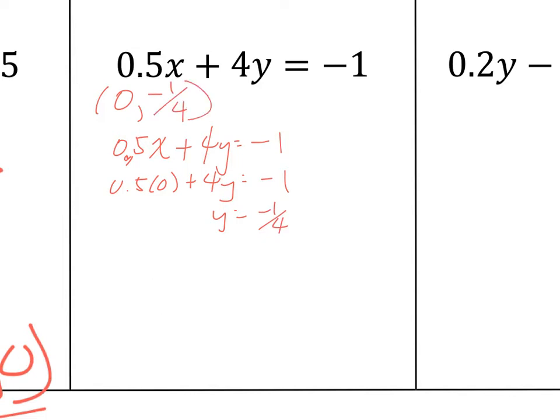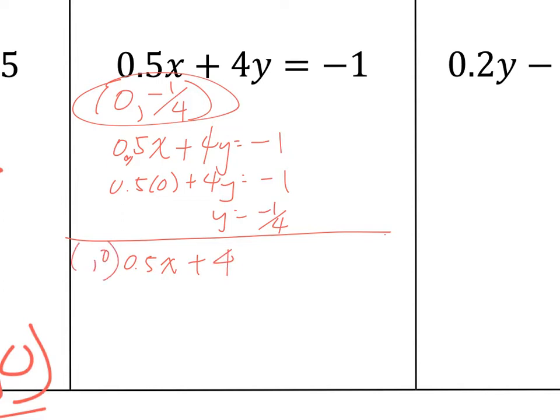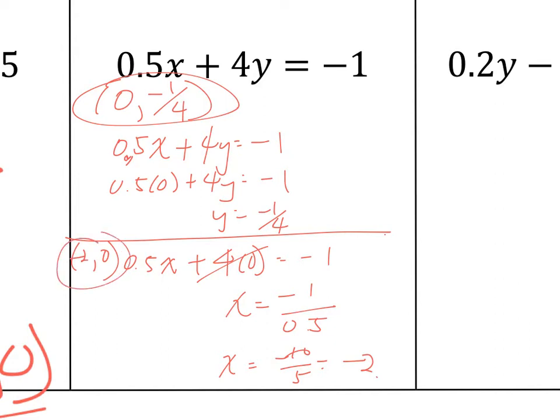So this is our y-intercept. But when y is 0, x will be -2. So this would be our x-intercept.